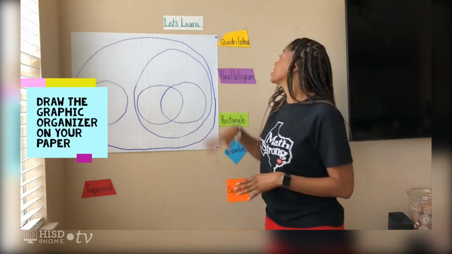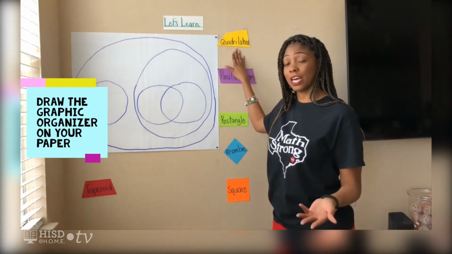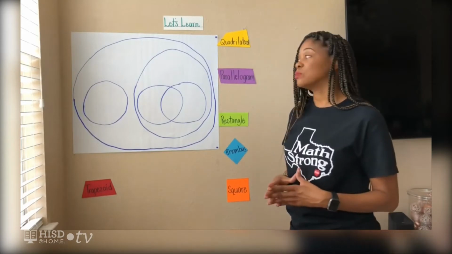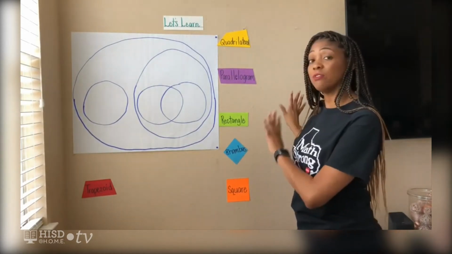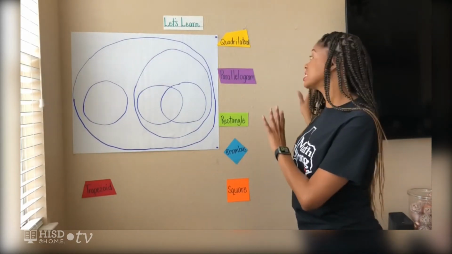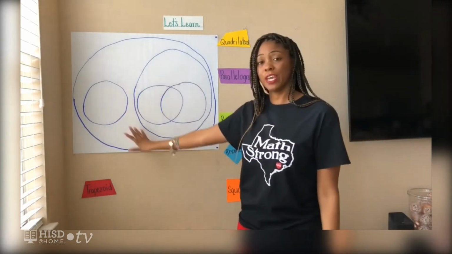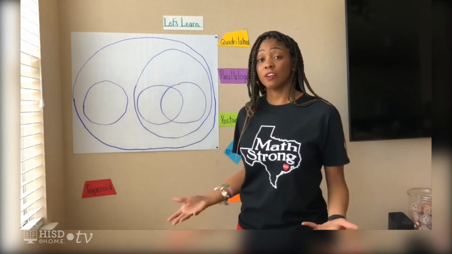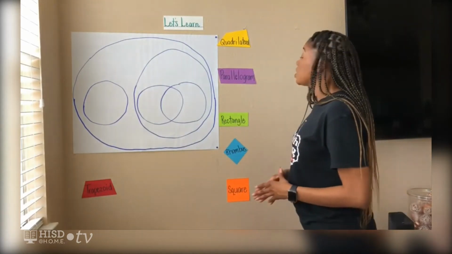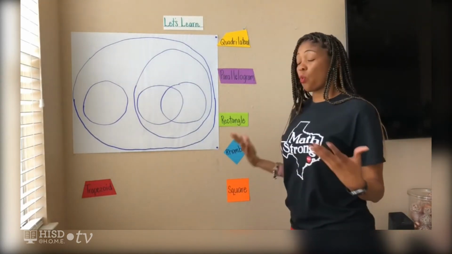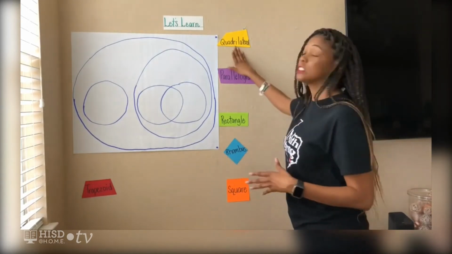As you can see, we're starting off with quadrilateral. What I want us to do is first talk about the definition, and then we're going to look at those definitions and determine where they actually fall in our graphic organizer. So let's start with the word quadrilateral.